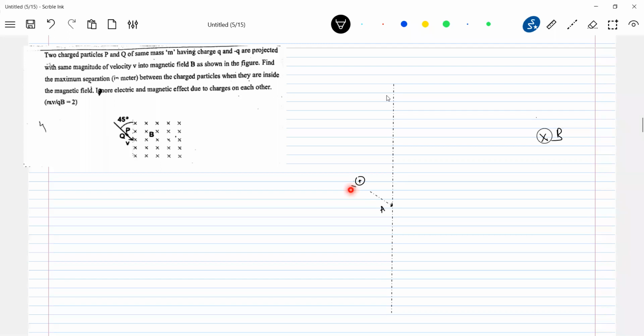Try to see the plus minus symbols. Both will enter with the same velocity. What will happen to the charged particles? This angle is also given to us. Let me write theta equal to 45 degrees. Find the maximum separation between the charged particles when they are inside the magnetic field. I'm just combining two numericals in one problem.